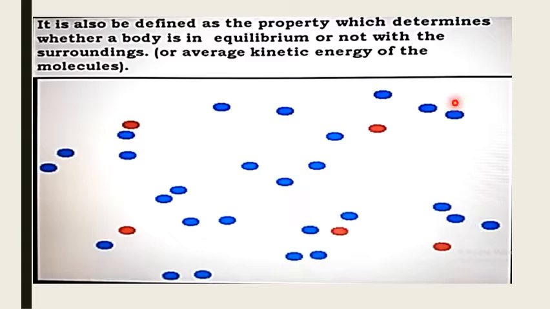Next, it can also be defined as the property which determines whether a body is in equilibrium or not with the surroundings. Here you can see the molecules are in random motion, moving here and there.